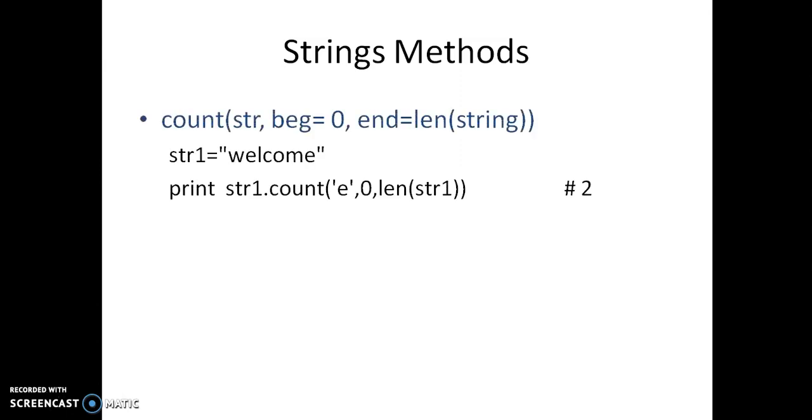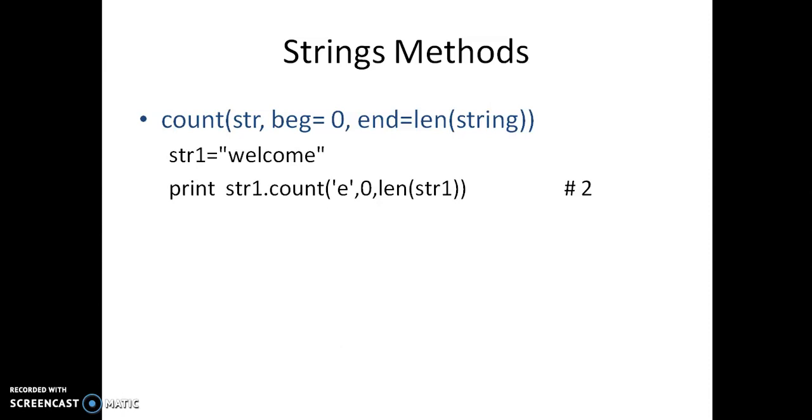Strings methods continuation. Count method takes 3 arguments: str, beg for the beginning index, and end for the end index. It counts the number of occurrences in a string.